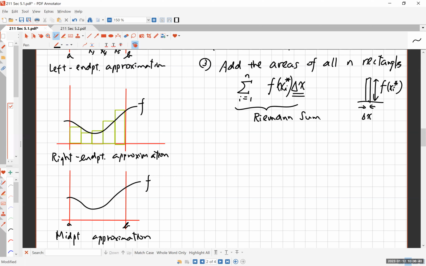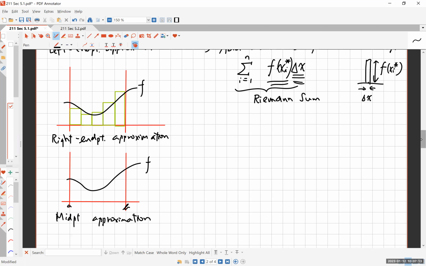A Riemann sum is basically the total sum of the areas of the rectangular regions, where each rectangle has this height, which is f evaluated at xi star, the representative point of the ith subinterval, times the base of the rectangle, which is delta x, the length of each subinterval if the partition is regular.